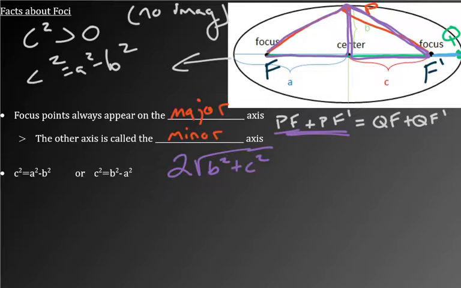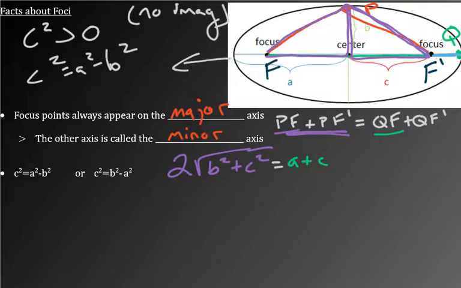Then QF. If you look at the picture, Q to F, this is c, and this whole thing is a. So Q to F is a plus c. I'm going to literally write a plus c.